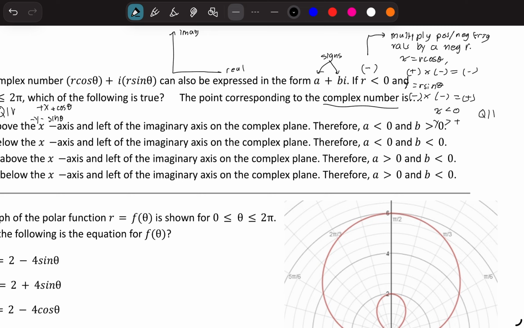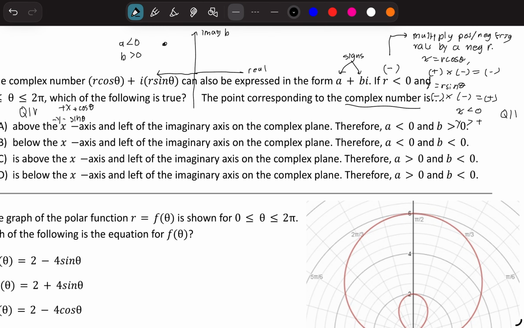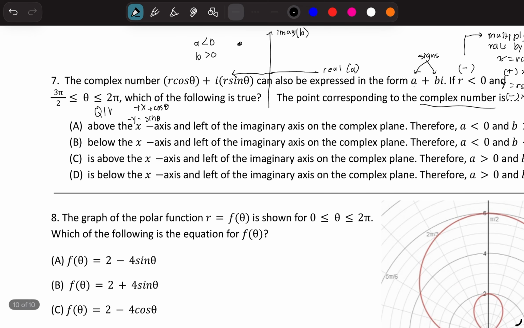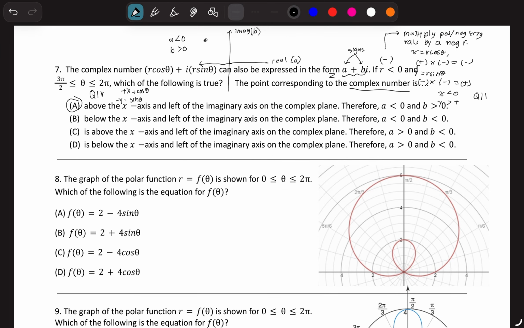That means it's above the x-axis and it's to the left of the imaginary axis. That's in this form where it equals z because it's being multiplied by i. So it's A.